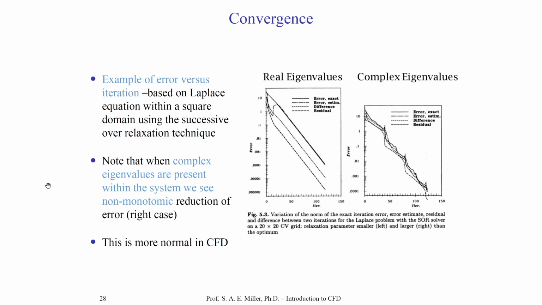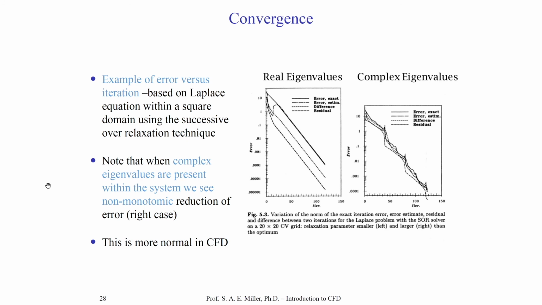We'll note that when complex eigenvalues are present, we'll have oscillations in the system. That is, it's non-monotonic, and the reduction of the error has oscillations. We see the non-monotonic reduction of residual with iteration as something very typical in CFD. For Laplace equations, it's very atypical because, of course, it has real eigenvalues in the analysis.